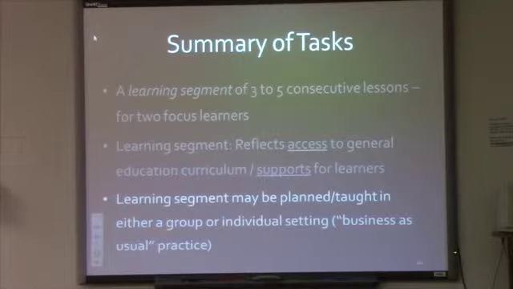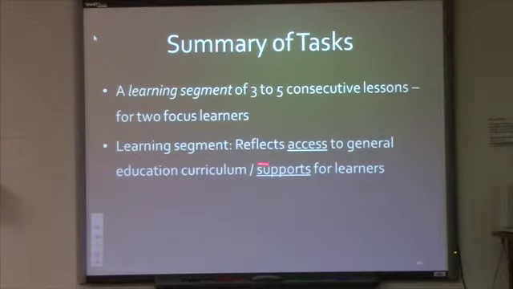Or you just might have the two learners, if they are at a higher level, you may not need to take them out as individual learners. You may not need to take them out in a small group. They can function well enough in the whole class environment, inclusive environment, with students with and without exceptionalities, if you provide them enough supports that will allow them to access the general education curriculum.